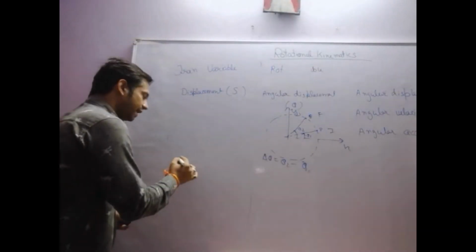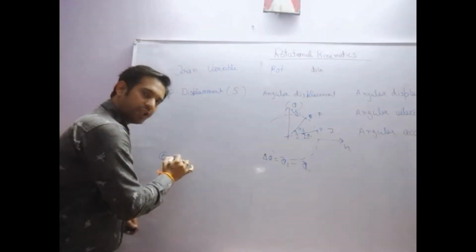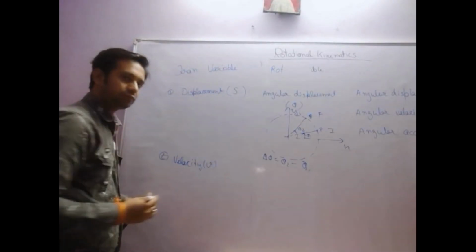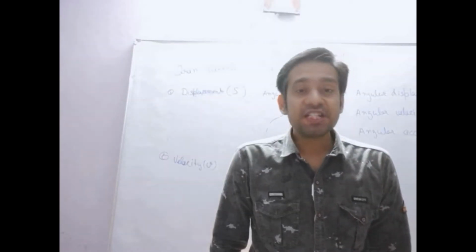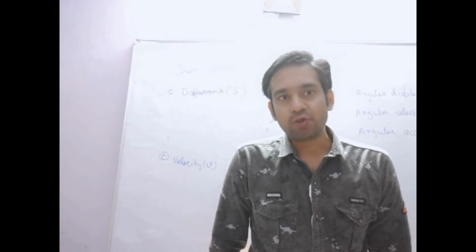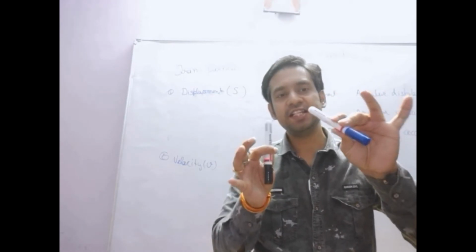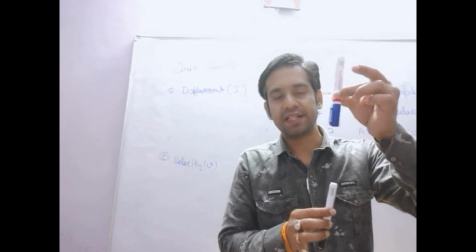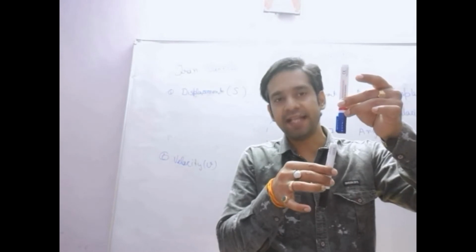Similarly, the second translational variable is velocity. What is linear or translational velocity? Translational velocity is basically the change in displacement with respect to time. Suppose we take two cases simultaneously: object one is the blue marker, object two is the second marker, and they cover the same displacement.